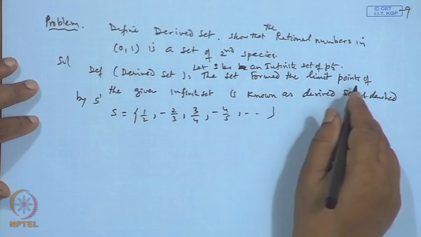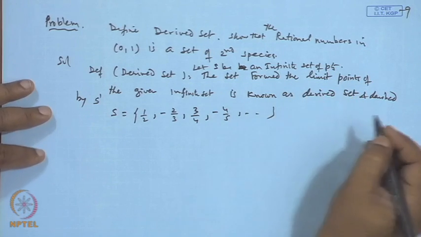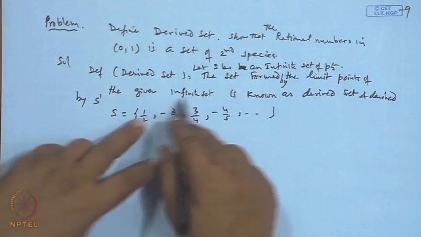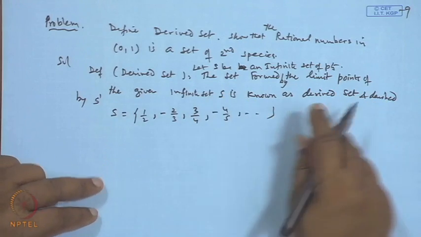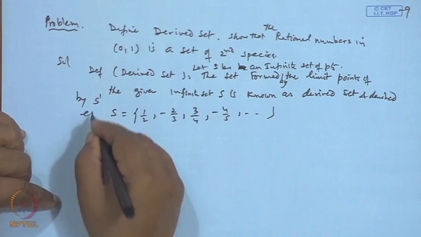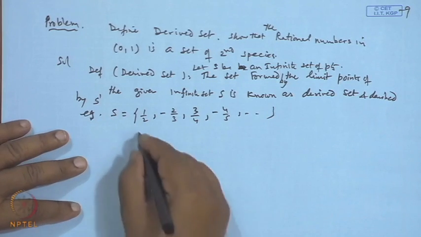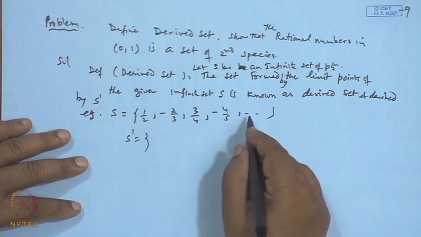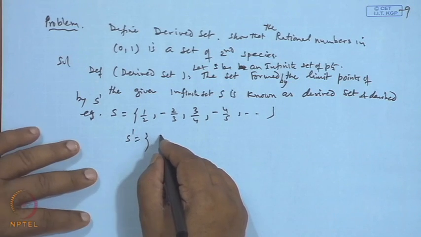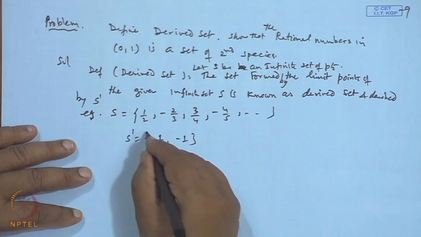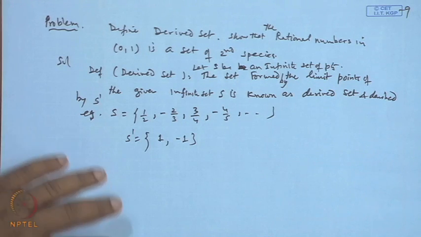Then the set formed by the limit points of the given infinite set S is known as the derived set and denoted by S dash. So, for example, if we take this one, 1/2, 3/4, etcetera, the limit point will be 1, and for minus 2/3 the limit point will be minus 1. So this is the derived set having these points.